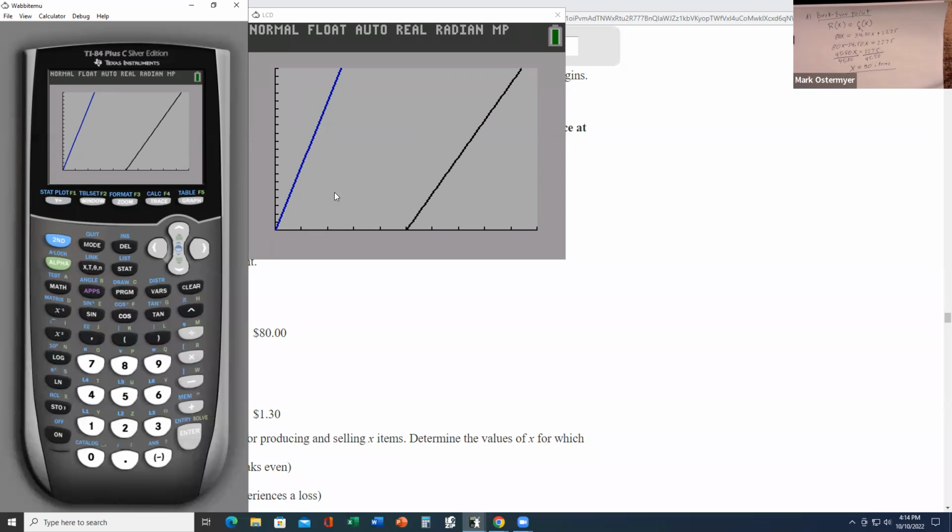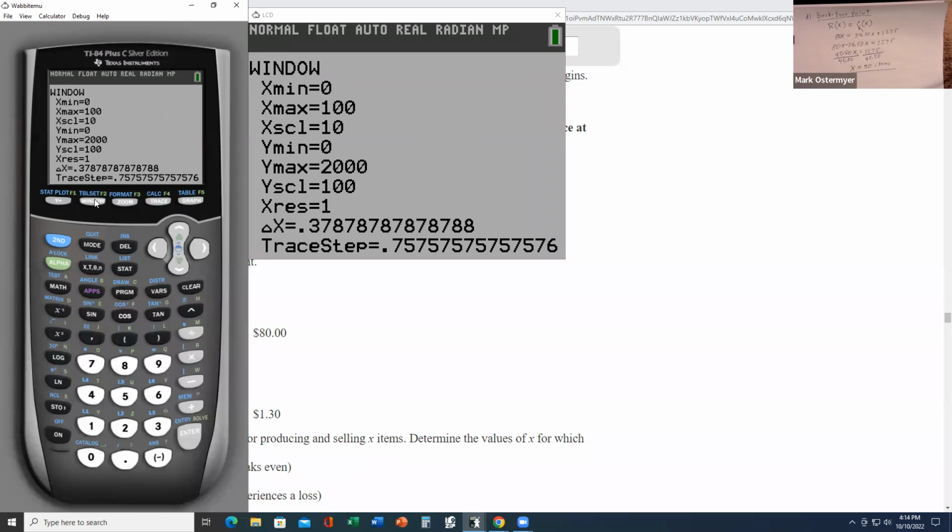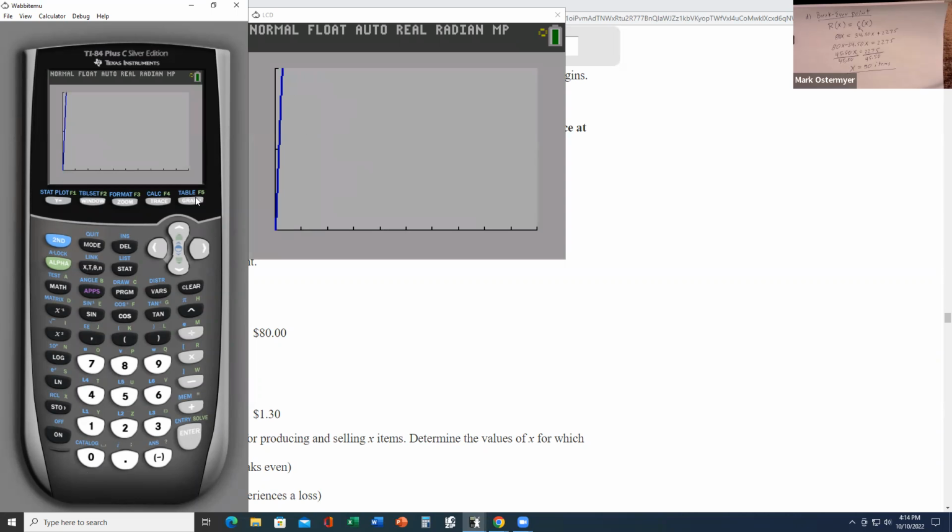50 items. Let's see, 50 items. What was my y? My y is 0 to 2000, right? Oh boy. All right. So we're having a problem with our scaling here.